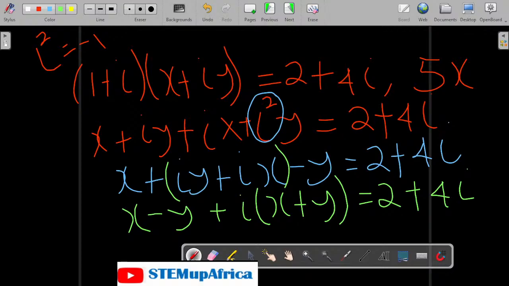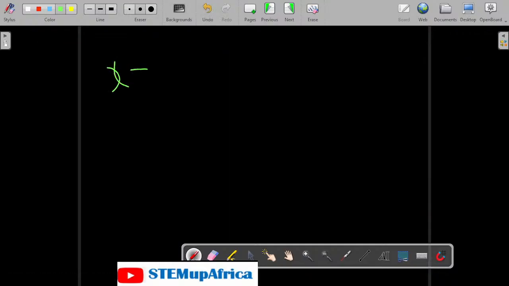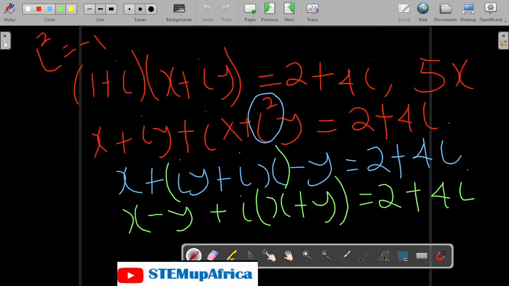All I need to do is to compare coefficients, real to real, imaginary to imaginary, on both the left-hand side and the right-hand side. Who's the real number on the left-hand side? It's x minus y. Who's the real number on the right-hand side? It is 2. So we're having x minus y is equal to 2. Then let's also compare the imaginary.